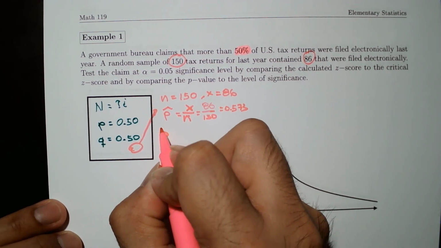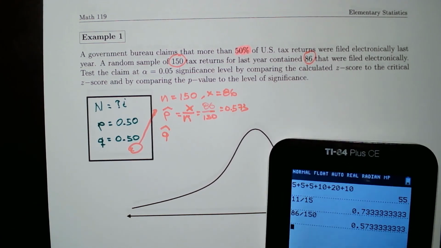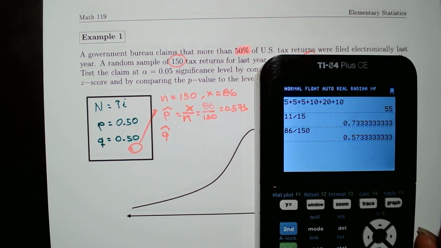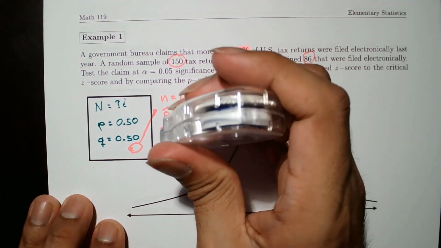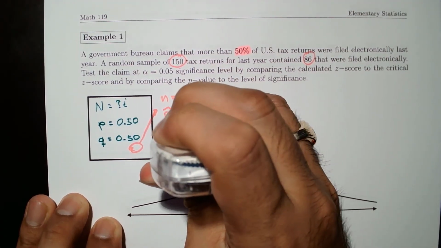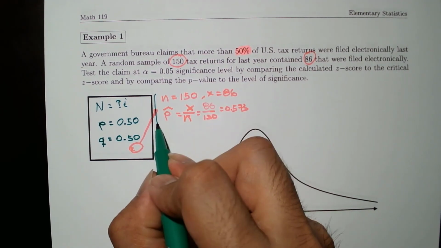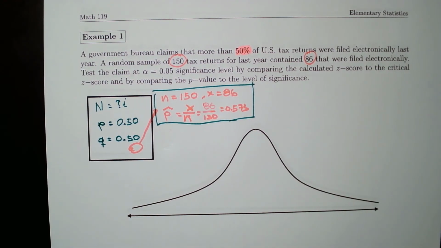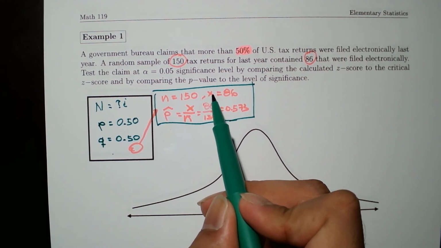What is Q hat going to be? Actually, we don't need Q hat, never mind. We can erase Q hat. All we care about is P hat. Okay, so this is going to be our sample with this data. So population, sample.